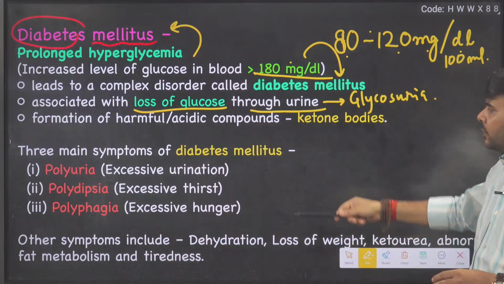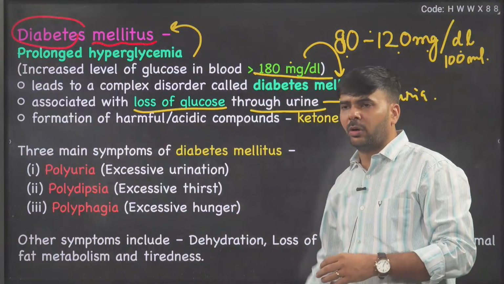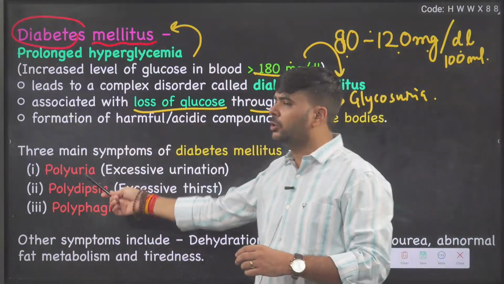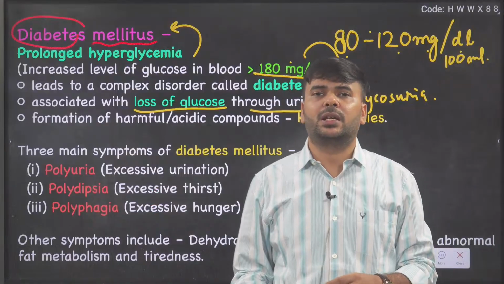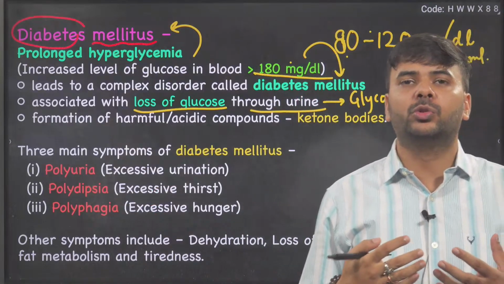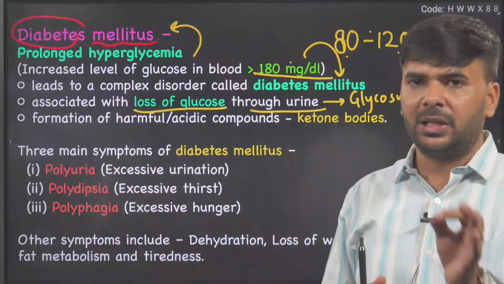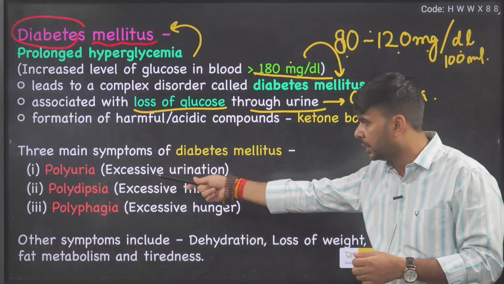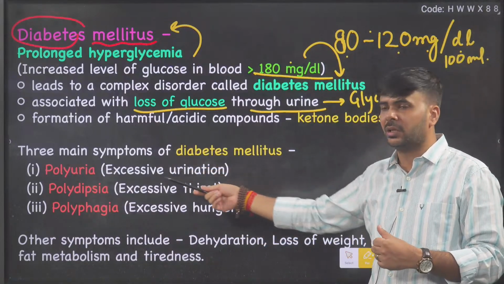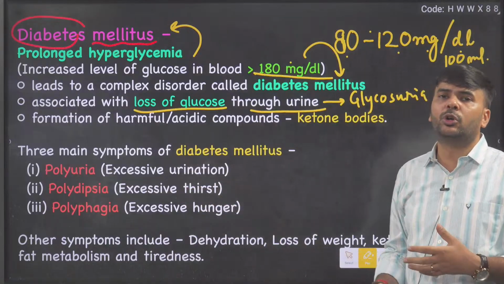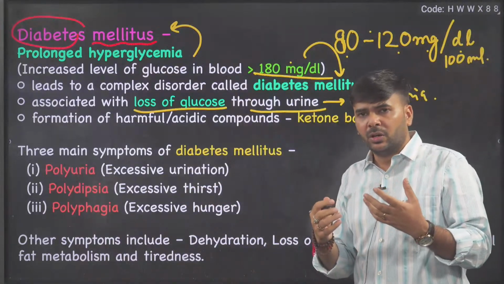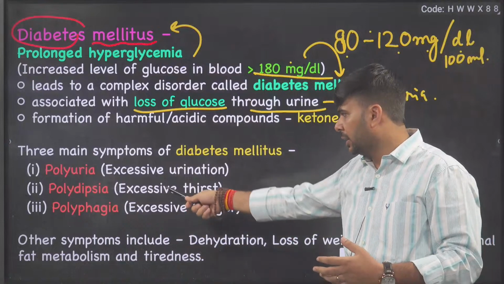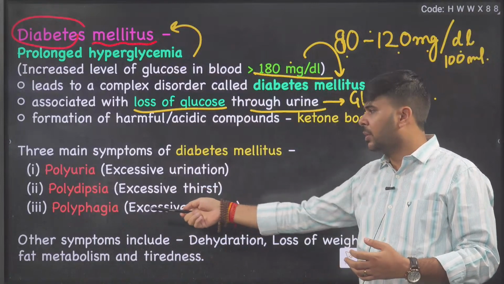Then these are also problems related to diabetes. Polyuria: diabetes patients urinate more, they make more urine, excessive urination. Polydipsia: they feel more thirsty, more eager to drink water, that is excessive thirstiness.